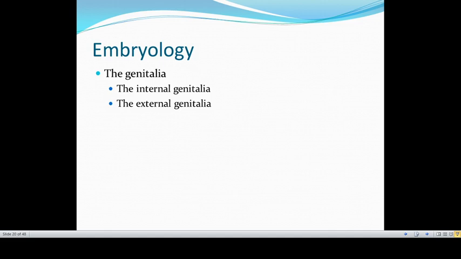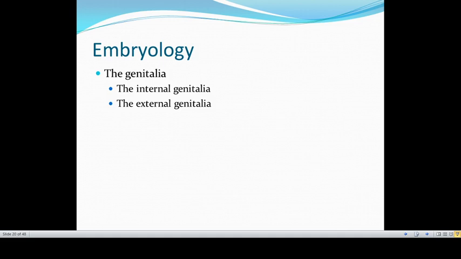In the 7th week of gestation, the embryo has both male and female primordial genital ducts. Considering internal genitalia, in a female fetus, the Mullerian duct system develops into uterine tubes and a uterus. In the male fetus, the Wolffian duct system on each side develops into the epididymis and vas deferens.